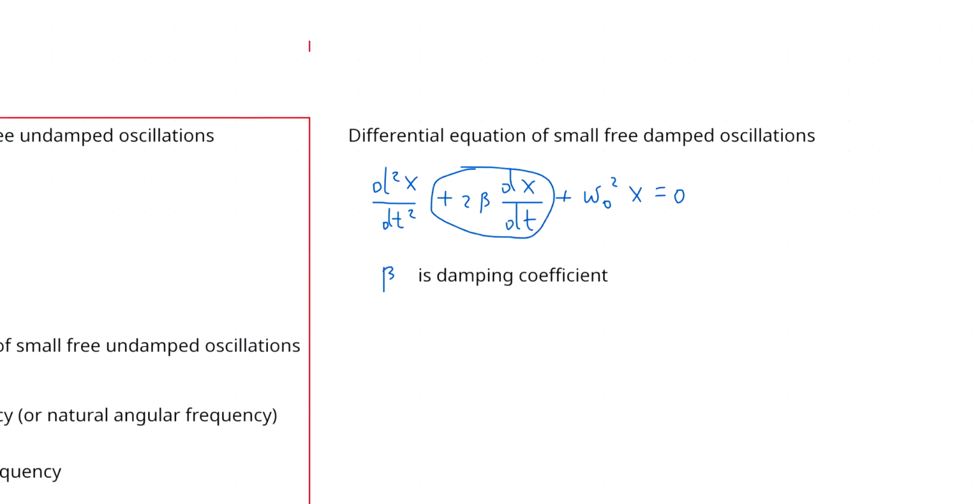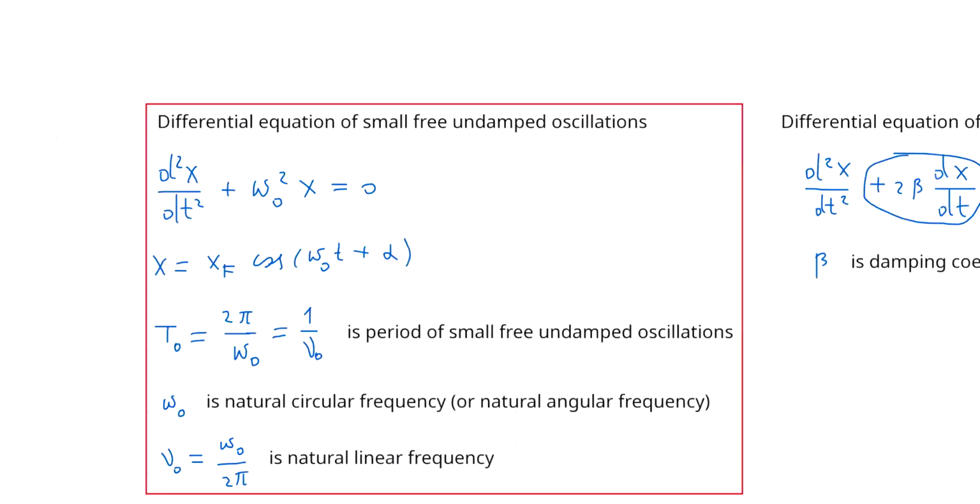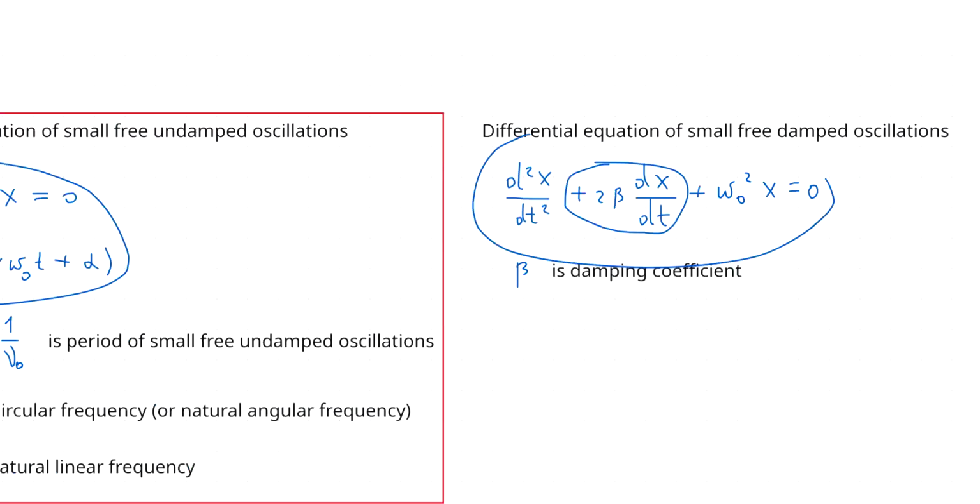And I think if we get rid of this term, we will be able to use the previous solution for this equation. So let's try to get rid of this term.